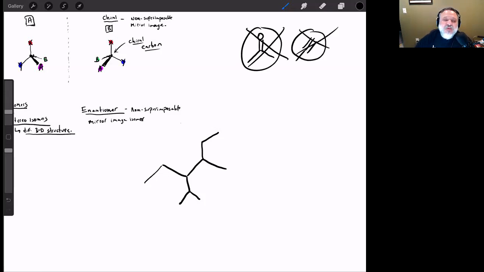The next thing that we can rule out are tetrahedral centers where there's more than one hydrogen. It's my opinion that the easiest way to identify chiral carbons is to rule out carbons that are CH2s and CH3s, because that helps you focus on the other parts of the molecule.